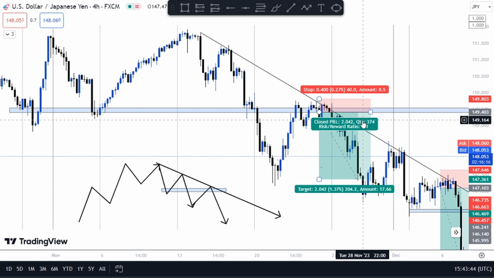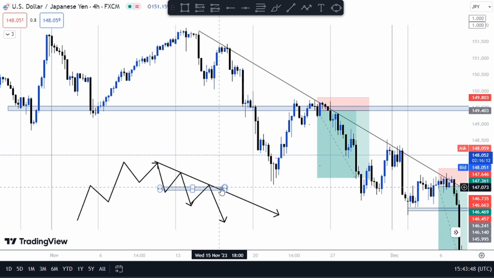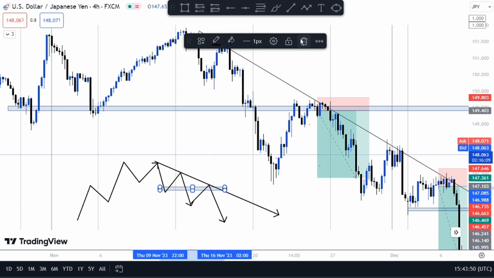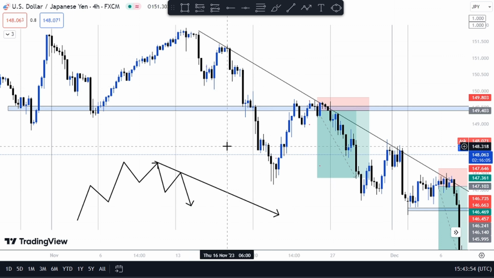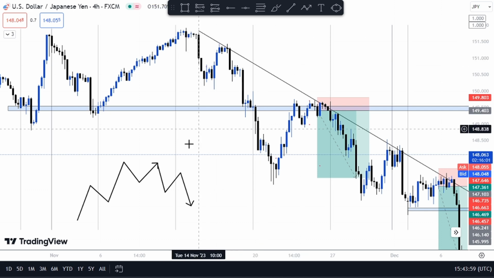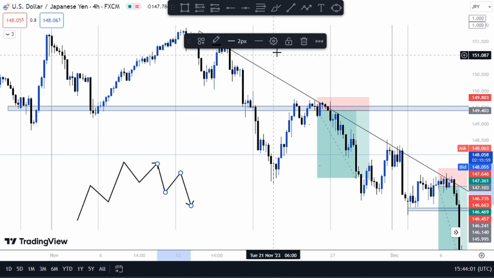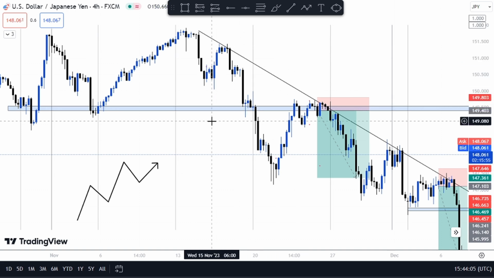So my entry confirmation is very simple. Actually, I do most of my analysis on the 4 hour time frame, but it doesn't matter the time frame you are on. You can use the same entry confirmation in any other time frame.